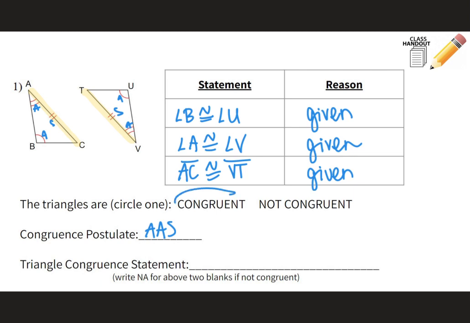So that means these two triangles are congruent, and we're going to write our congruent statement. So triangle ACB is congruent to, so let's see, I went ACB, so I need to go VTU. And then you can write, we already wrote it before, but you can say by AAS.